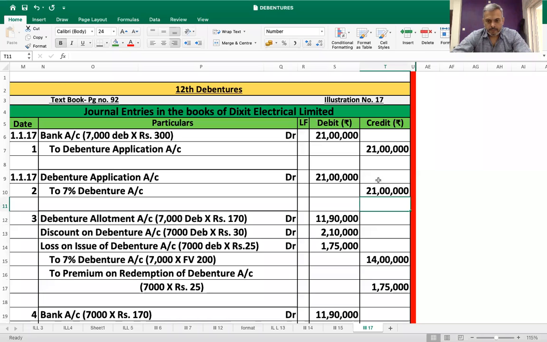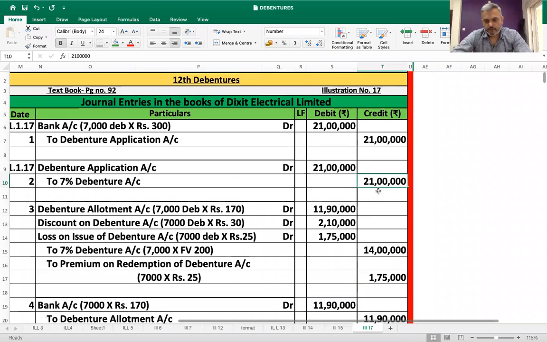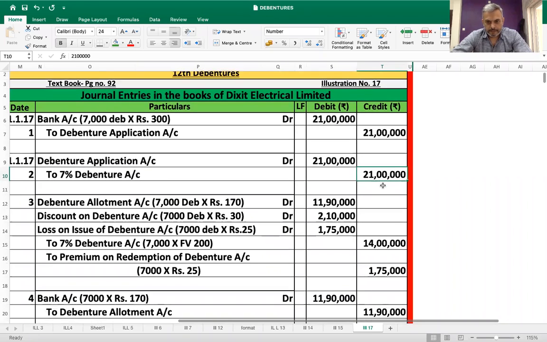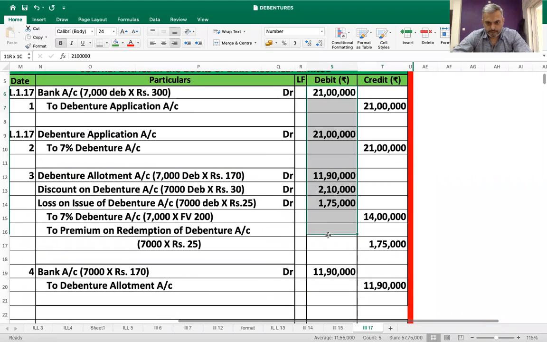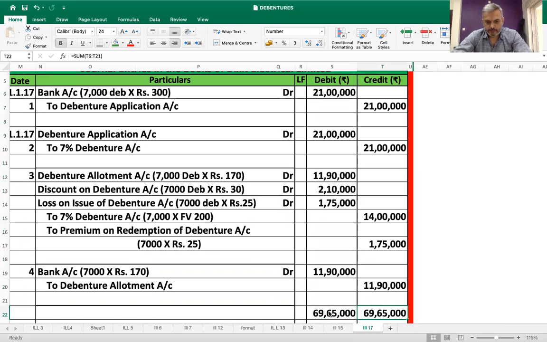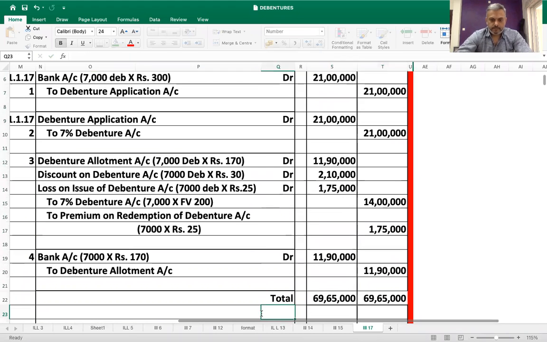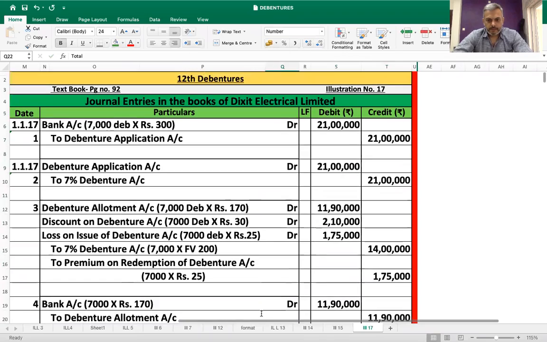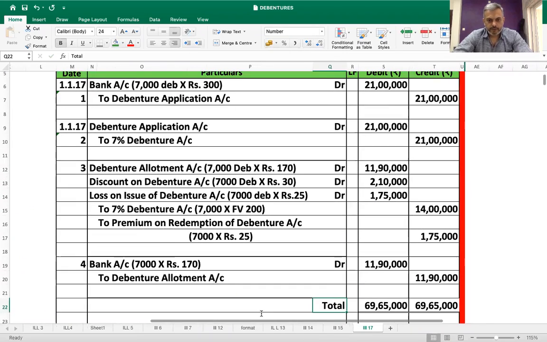There was a typo, it is 21 lakh over here, and do the totals. So 69 lakh 65,000, 69 lakh 65,000, double underline total. That's it. Go through the sum.